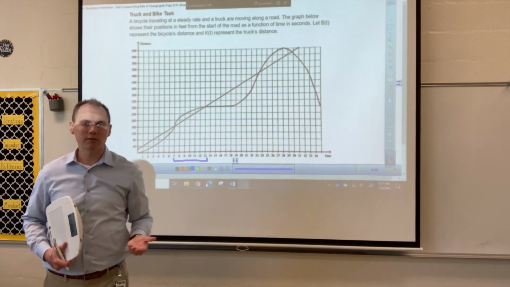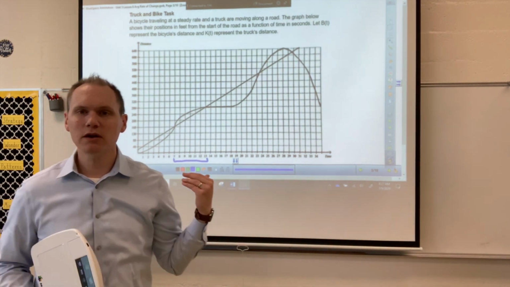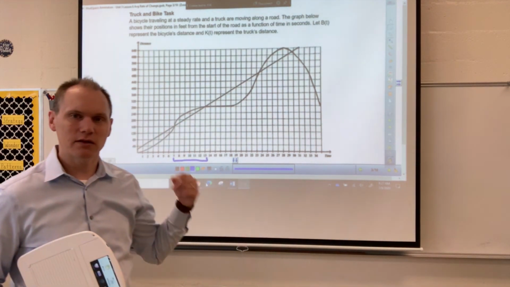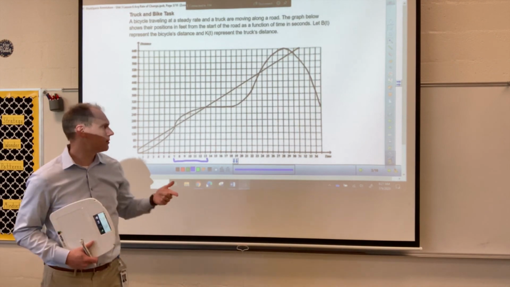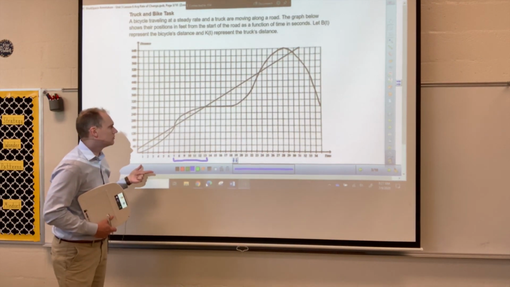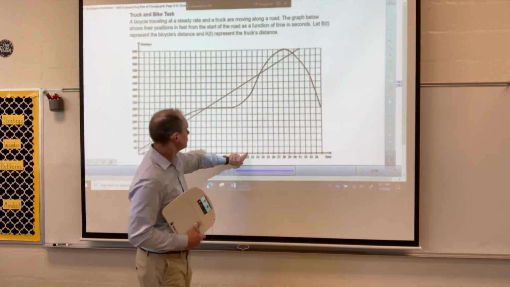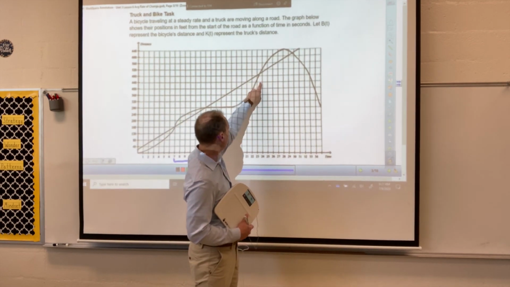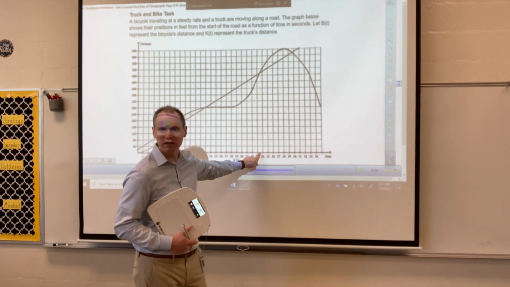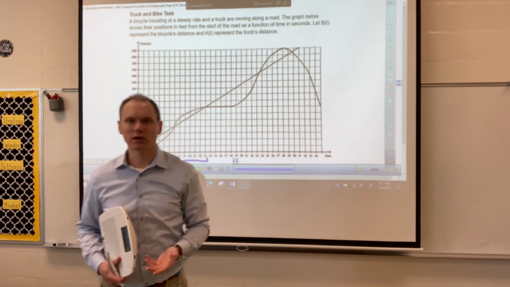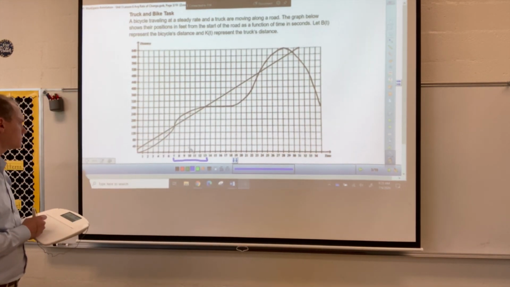So they're going to have the same average rate of change. We don't even need to calculate it because they travel the same distance over the same amount of time. Another one might be 13 seconds to here, which is about 23 and a half seconds. They have the same average rate of change over that period of time as well.